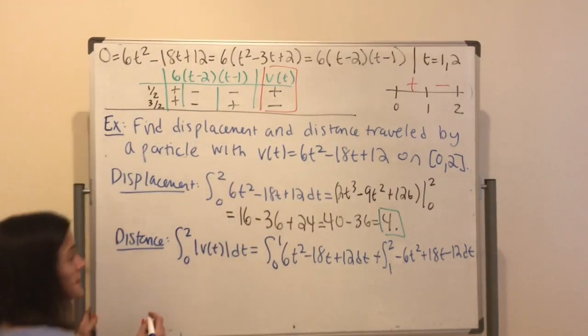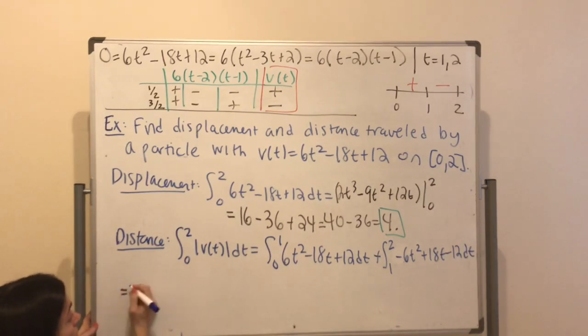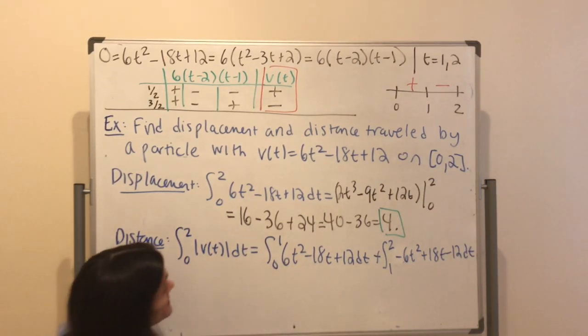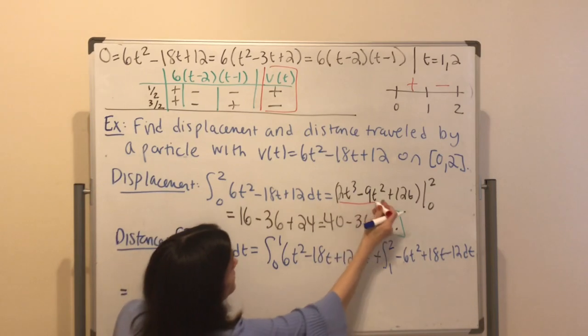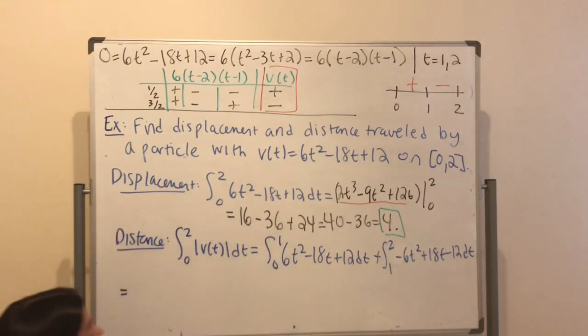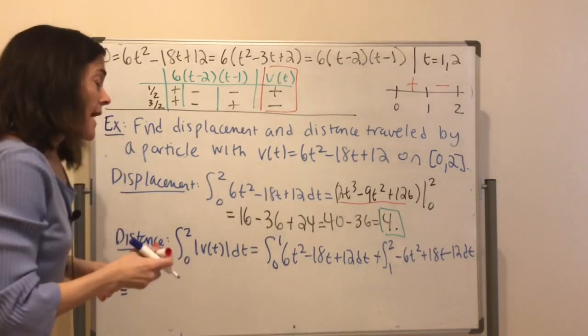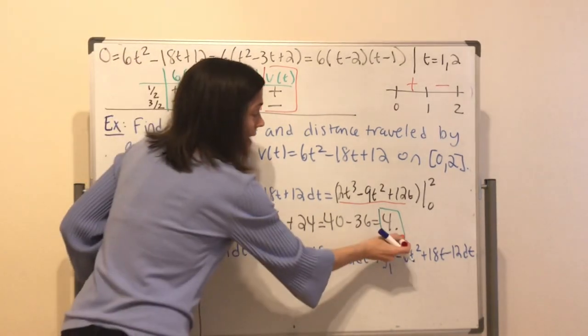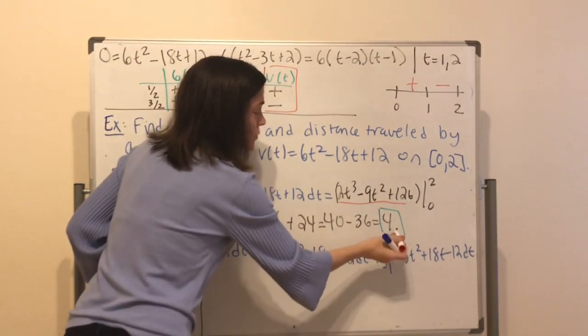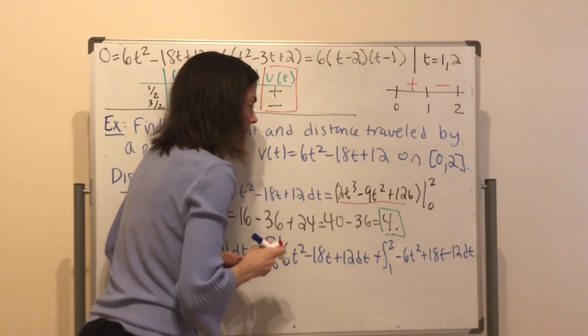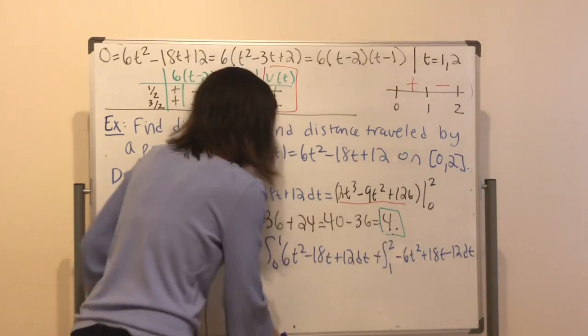Okay, so here, one thing that's nice, I already have an antiderivative, right? And in fact, I also already have my antiderivative evaluated at 2. That's this number 4. Okay, so this part I already sort of have.